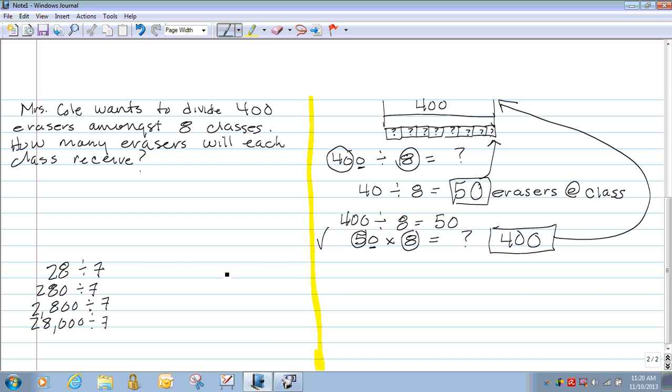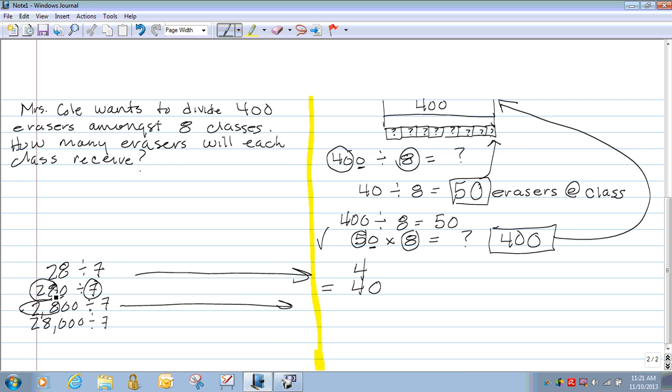Hopefully we will see some patterns. We know that is our basic multiplication. 28 divided by 7 equals 4. 280 divided by 7, 28 divided by 7 is 4, and I place my 1 0, so the quotient equals 40.